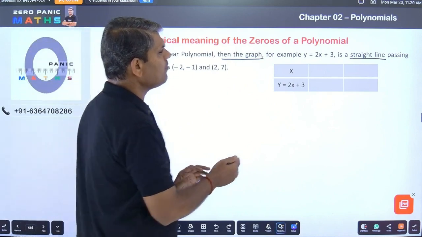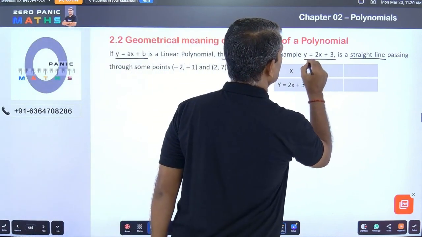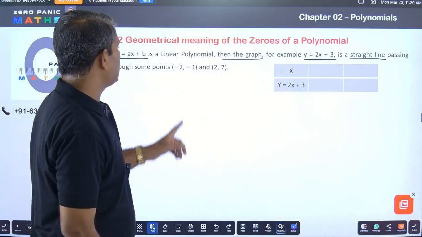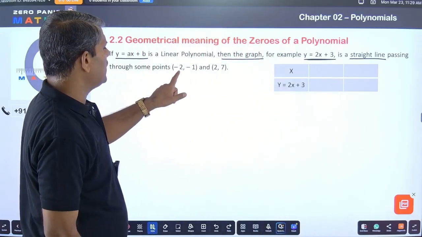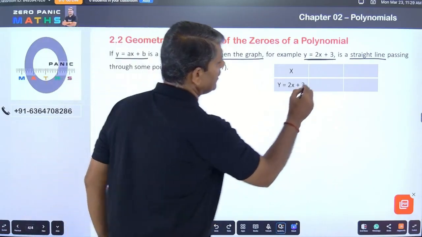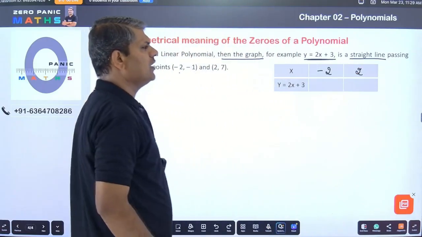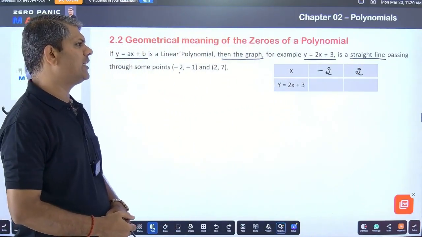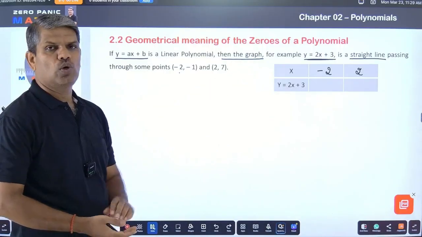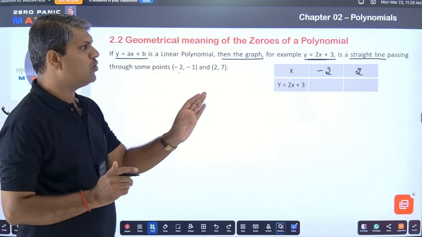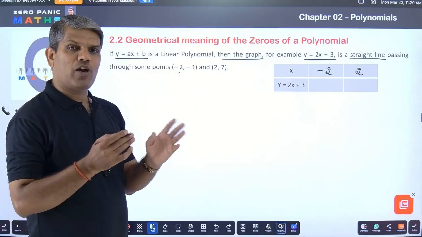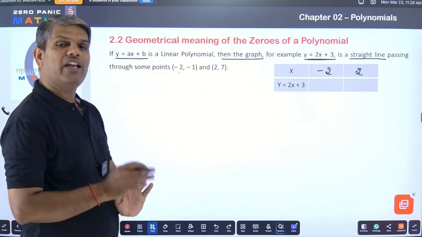We are taking an example of 2x plus 3 here to plot that graph. Let us take two examples. You can take any values, but I'm taking two values for x, minus 2 and 2. Remember, these are values which may or may not give the value of the polynomial as 0.